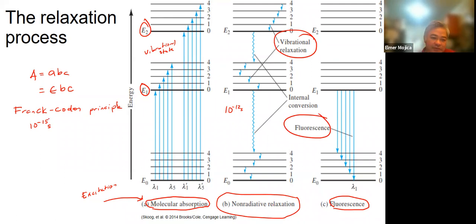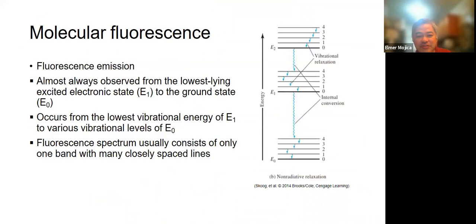Another word that they use for fluorescence is emission. Because you have excitation, which is similar to absorption, and then you have what we call the emission. So if you look at this fluorescence emission, it is almost always observed from the lowest lying excited electronic state going to the ground state.